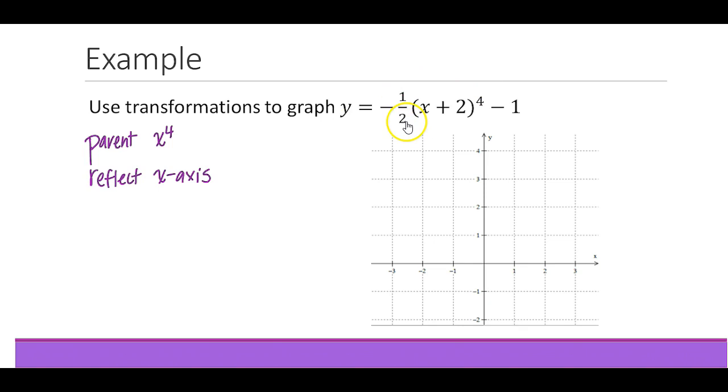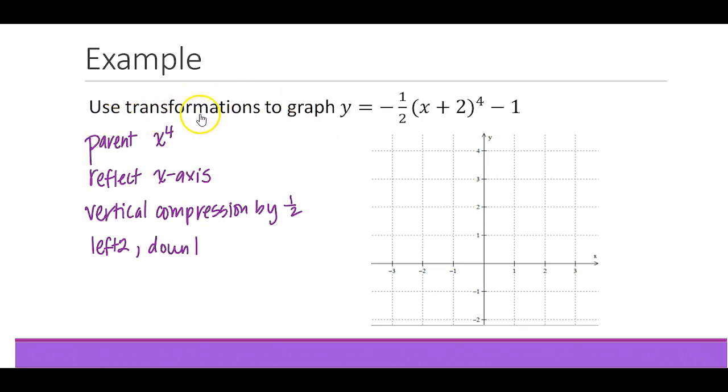The 1/2 that's multiplied in the front is going to give us a vertical compression by 1/2. And then finally, we have our translations. So plus 2 inside with the x is going to move us left 2, and minus 1 on the outside is going to move us down 1. So we have left 2 and down 1.